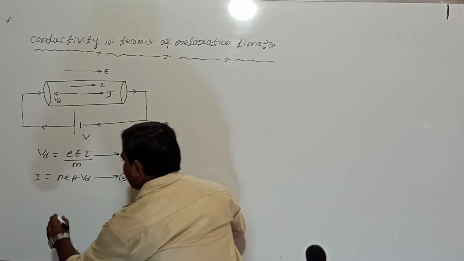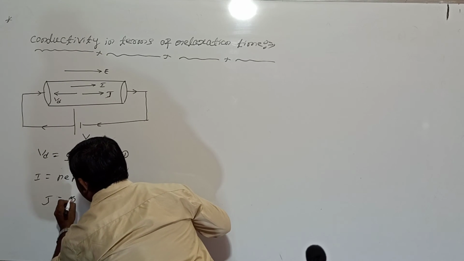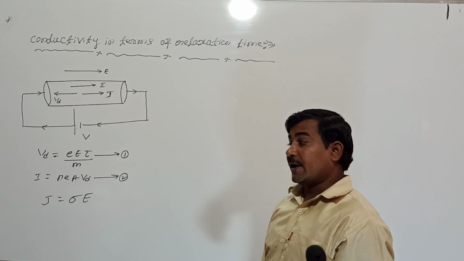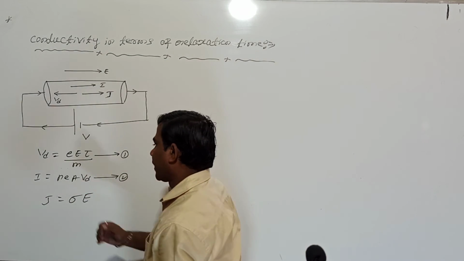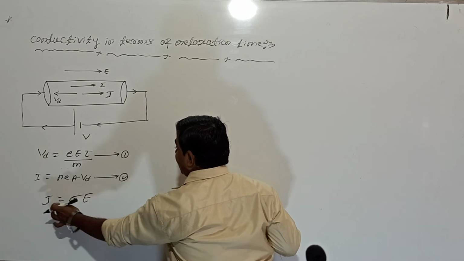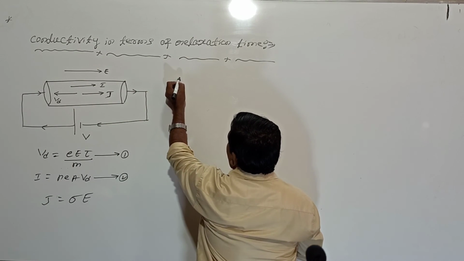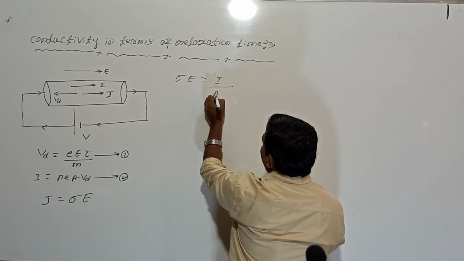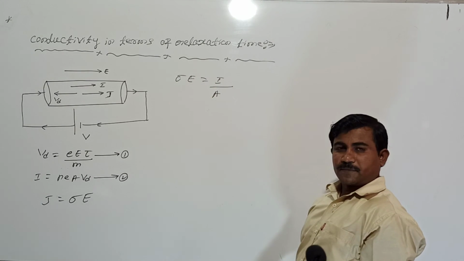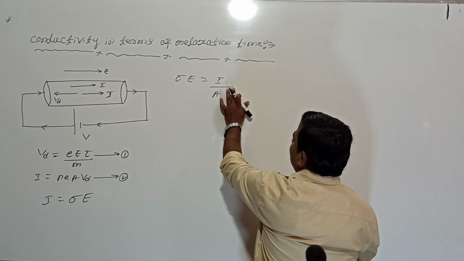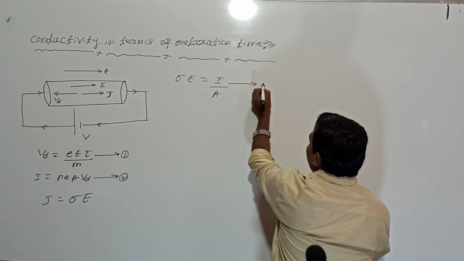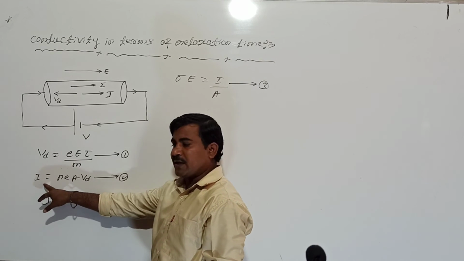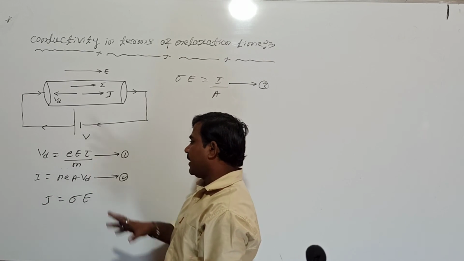J is equal to sigma into E. Then this J is actually current per unit area. Sigma into E equals current per unit area. Let us call this equation number 3. But what is electric current in terms of drift velocity? I equals n e A Vd.